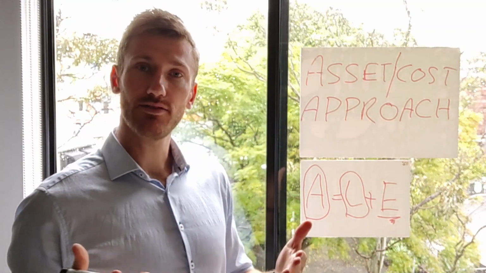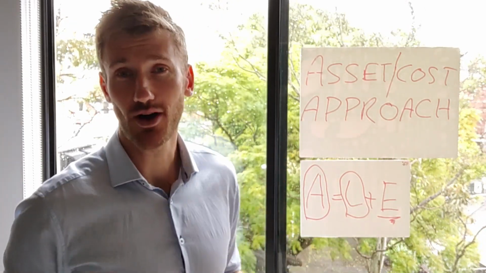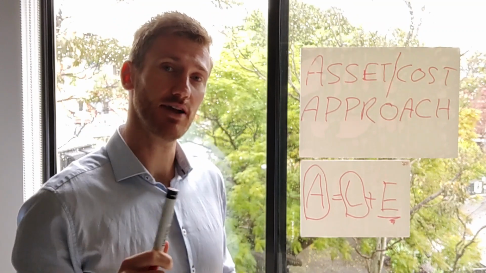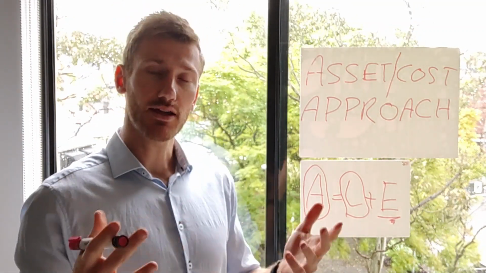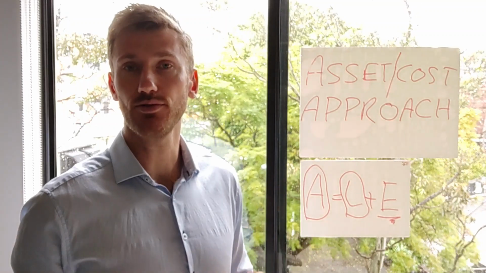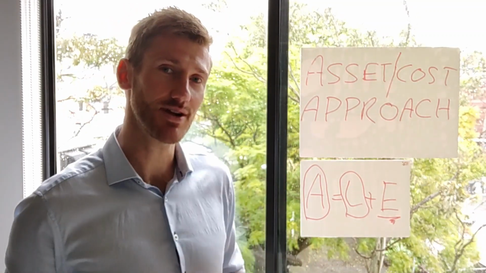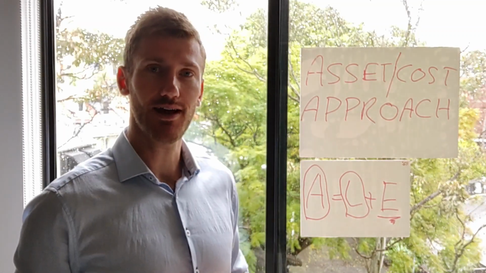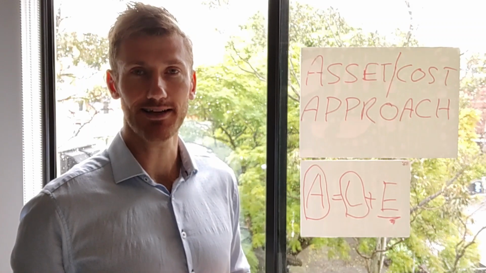Now again, compared to the income and market approaches, there's a time and a place for the asset approach, and it may not be applicable to all business types. Again, this comes down to the appraiser's or valuer's expertise and depends on factors such as industry, but it is certainly one of the approaches that we always consider when valuing businesses at InteleK.